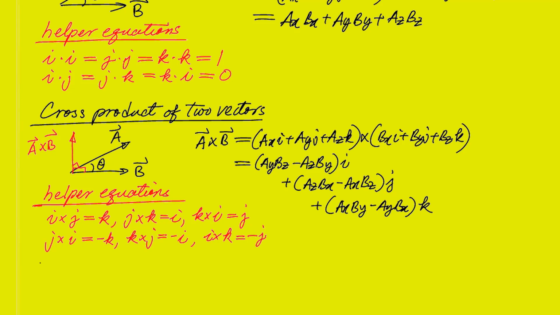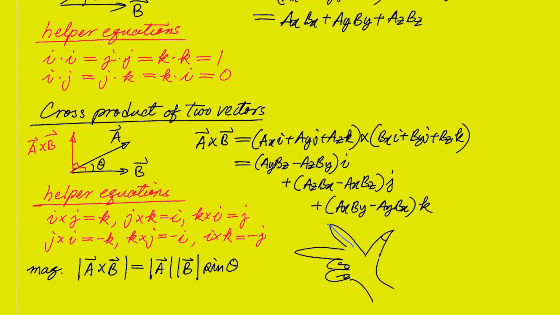And noticing that the magnitude can be represented by the product of the magnitudes of the two vectors multiplied by the sine of the angle. And the best way to represent the direction of a cross product is by the right-hand rule.